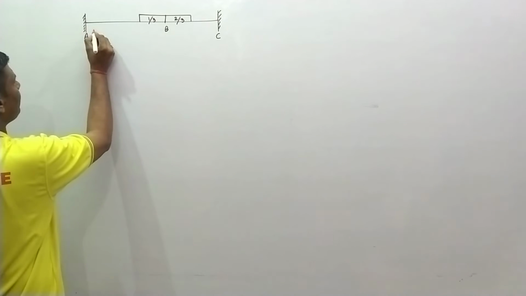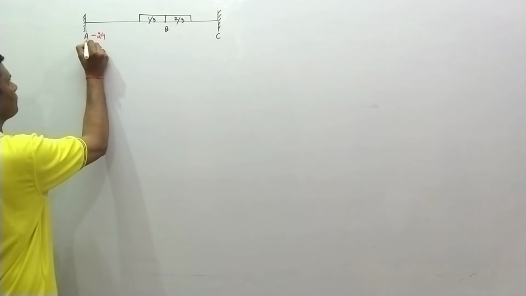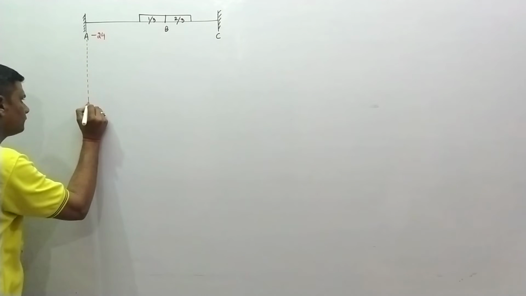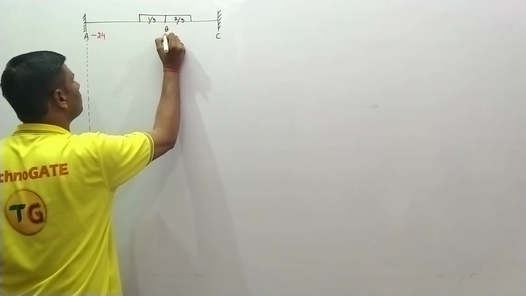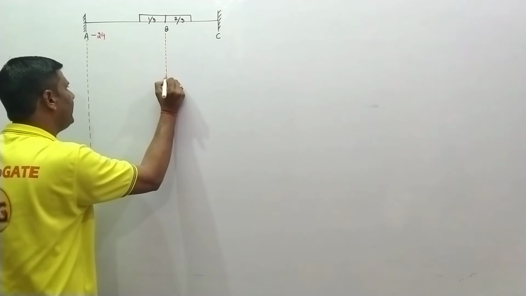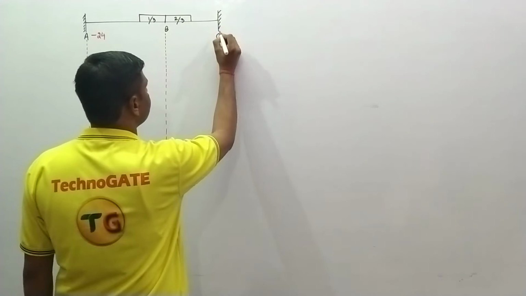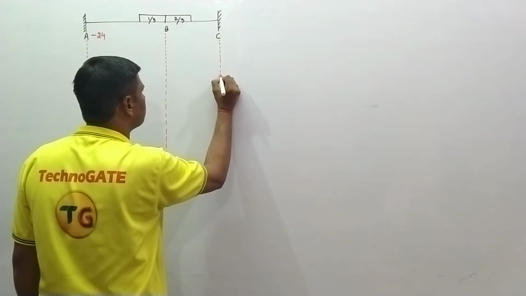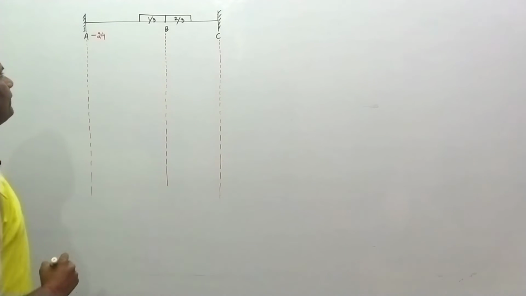Here the end moment was minus 24. What are the end moments at the joint B?